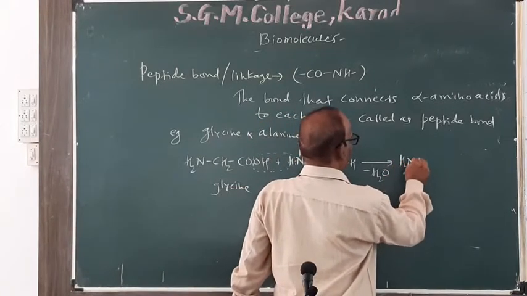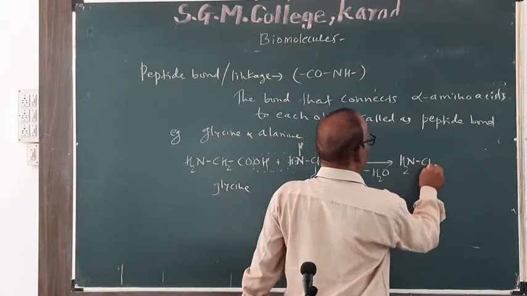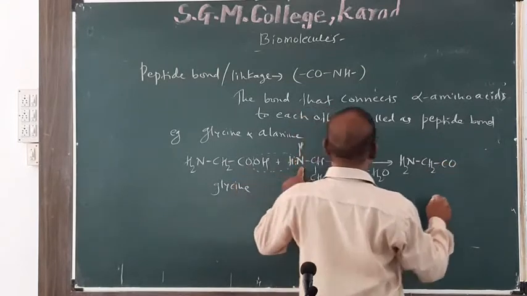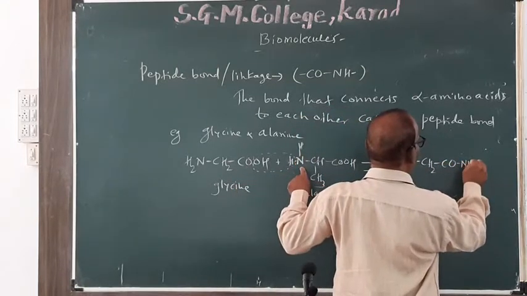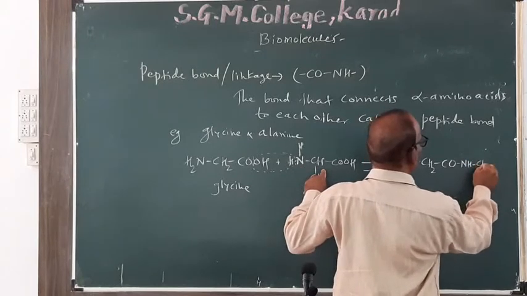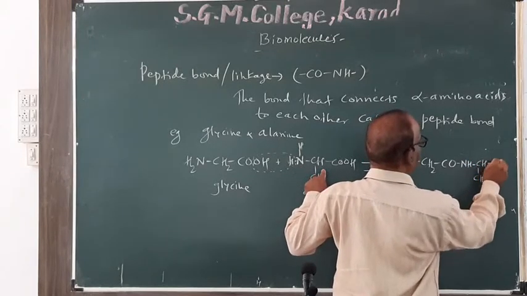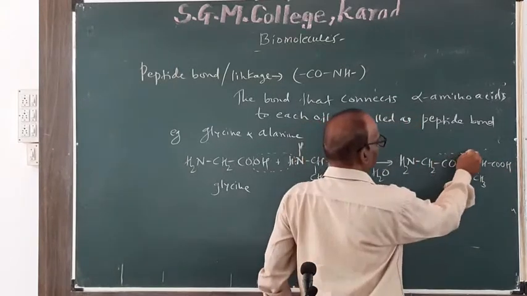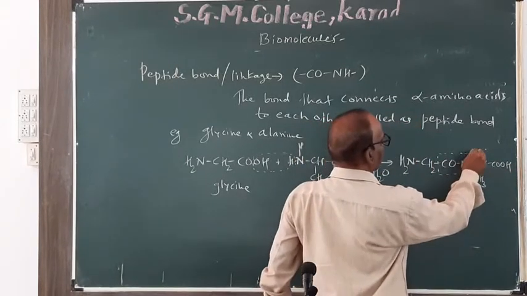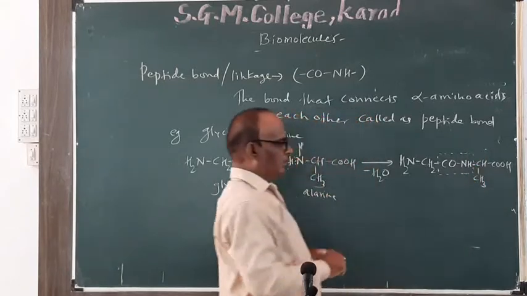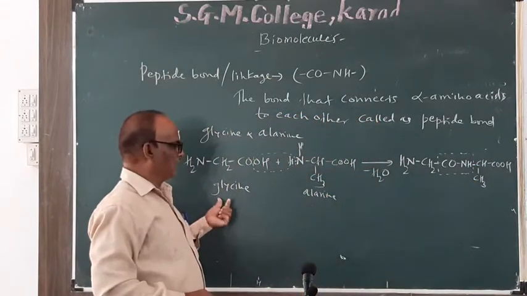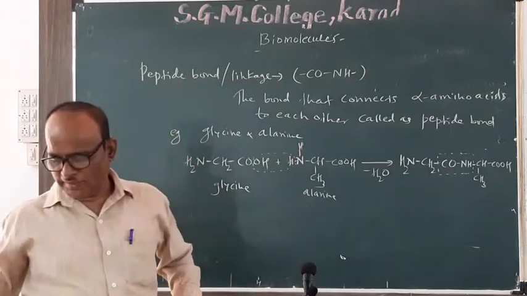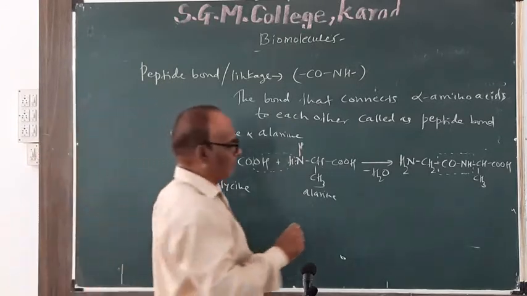So the structure of the product is NH2, CH2, here CO remains, then NH, then CH, CH3 and COOH. So here the CONH linkage is formed. By this linkage, the two alpha amino acids, glycine and alanine, are joined together, and this type of linkage is called a peptide bond.